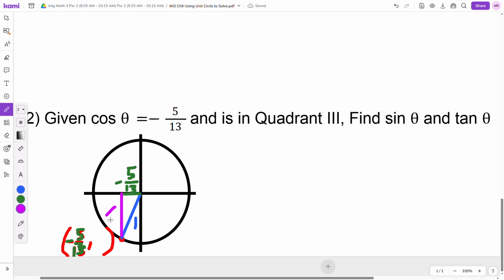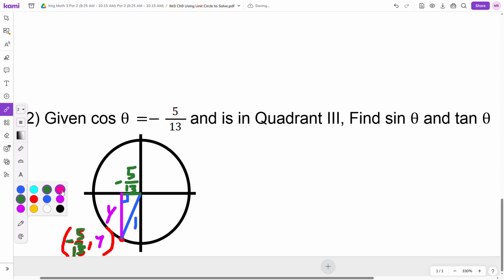And so now all we need is that x value there. We should really call it y. In fact, I will call it y, because it is the y value here. And because this is a right triangle, we can use Pythagoras. We have two sides that are known, so we just use the Pythagorean theorem and solve for the third.